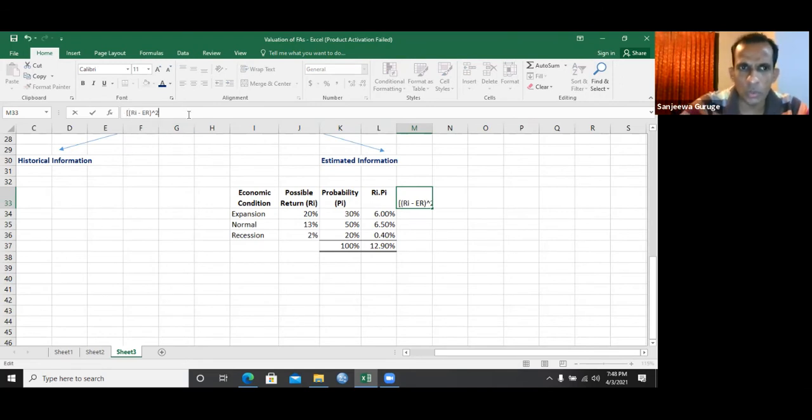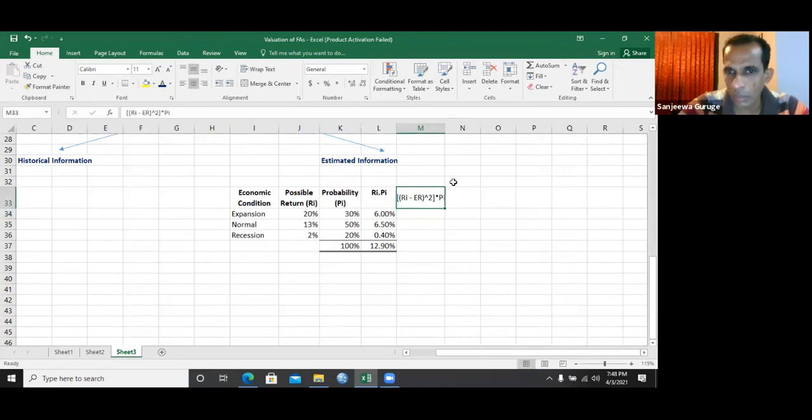We can even do all these steps in one cell. So that should be multiplied by the probability of getting that return. This should be done for each possible return separately, right?